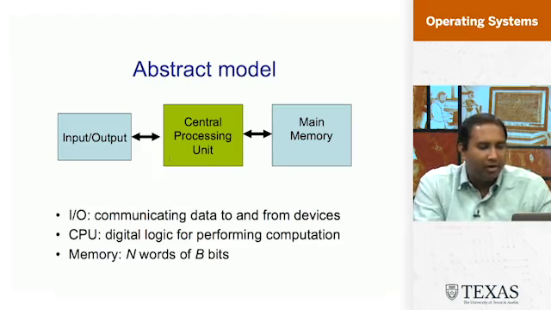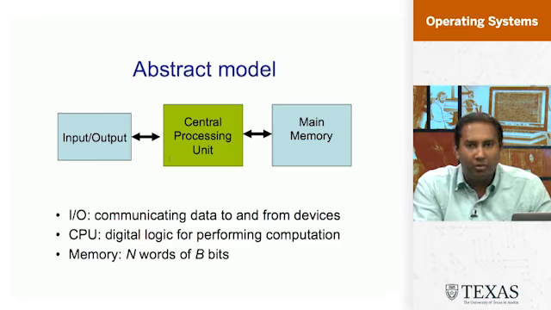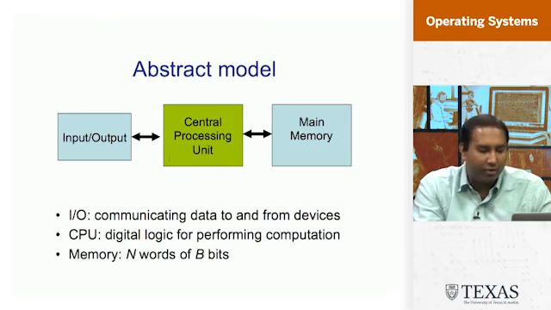It's going to take input and output. So you have, for example, a file on storage, and then it's going to be processed by this central processing unit. Now, it's going to use main memory, your DRAM, your dynamic random access memory, to keep the stuff that it is working on.